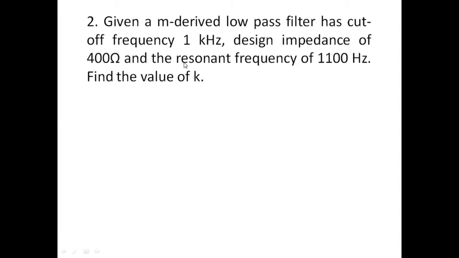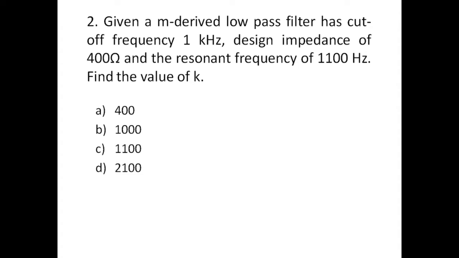Now the second question is: given an m-derived low pass filter has cutoff frequency 1 kHz, design impedance of 400 ohm and the resonant frequency of 1100 Hz, find the value of K. The options are 400, 1000, 1100 and 2100.